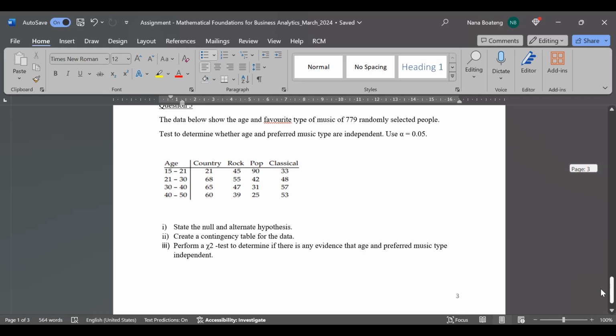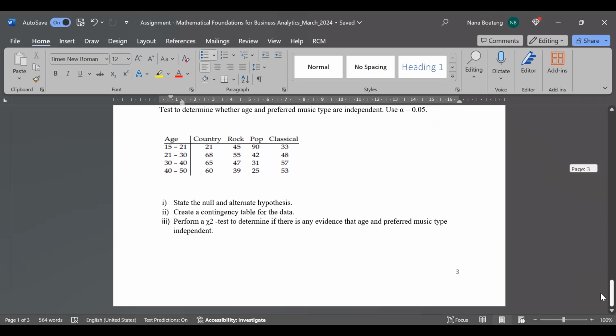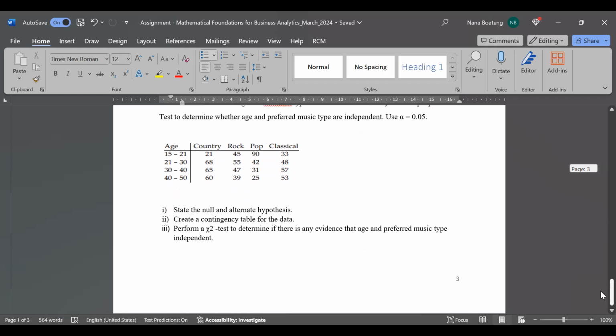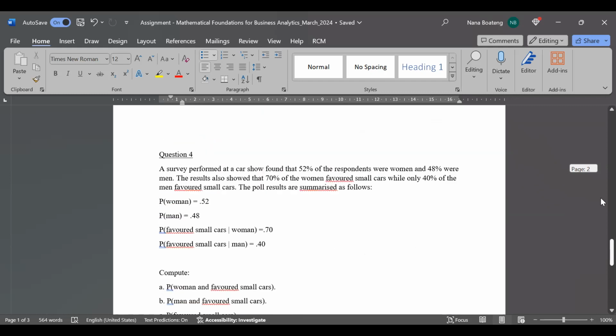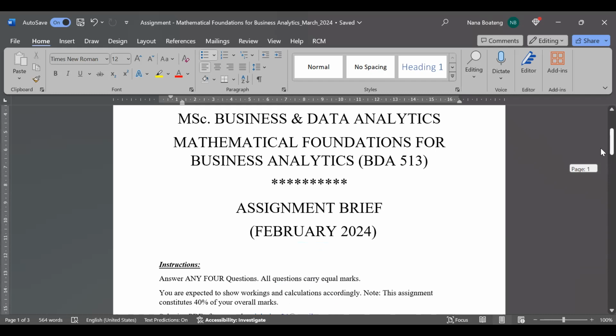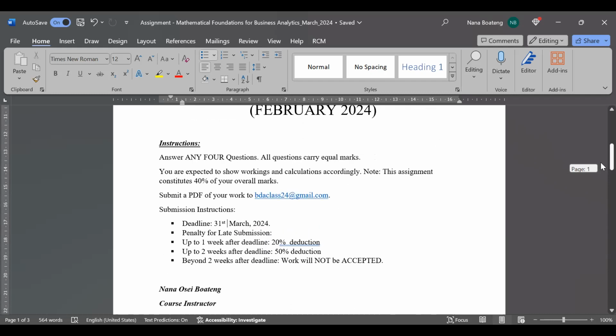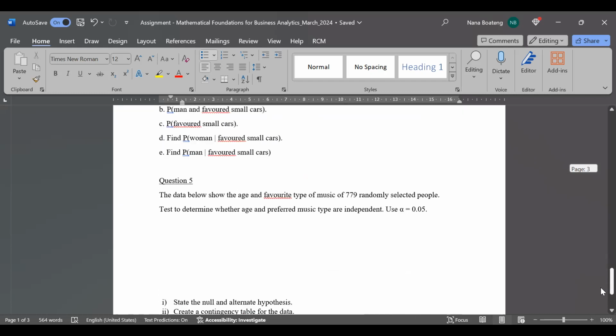State the null hypothesis and also the alternative hypothesis. Create a contingency table for the data. Perform a chi-square test to determine if there is any evidence that age and preferred music type are independent. Just answer any form.